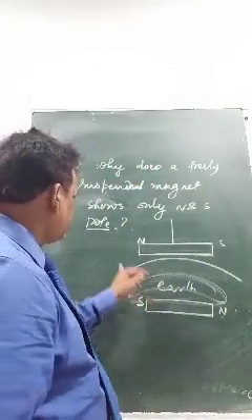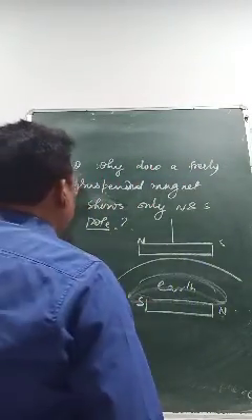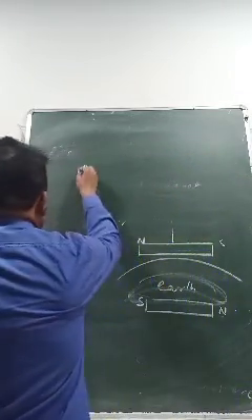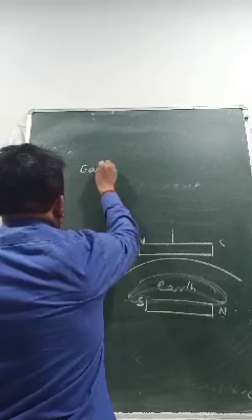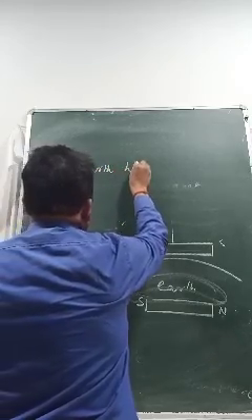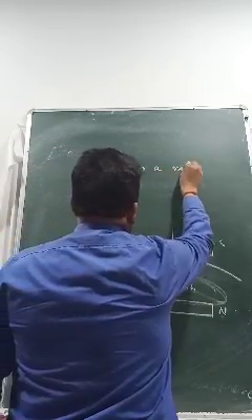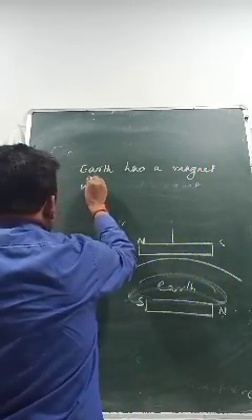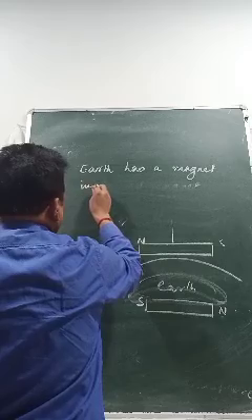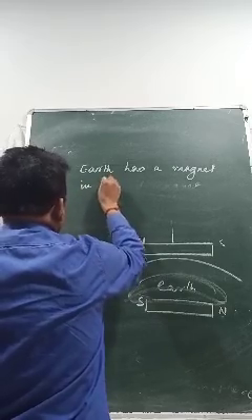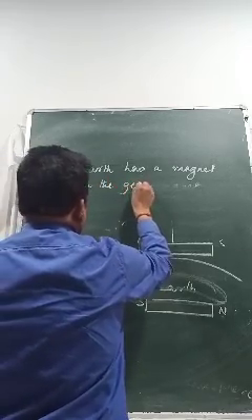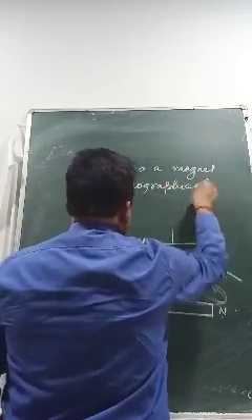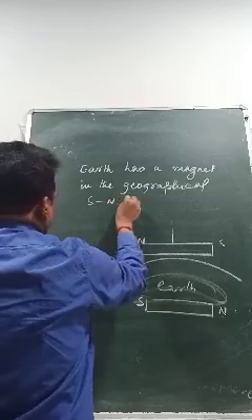So because earth is a magnet, earth has a magnet in the geographical south north direction.